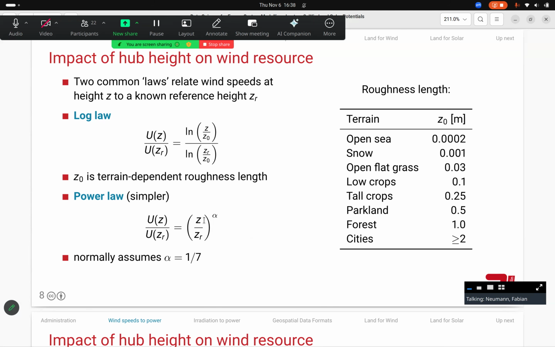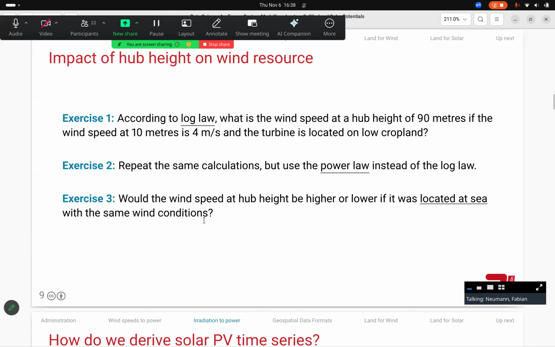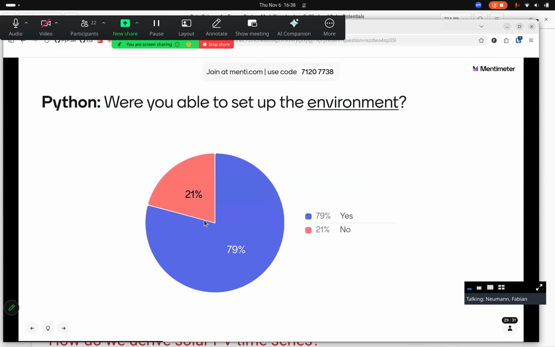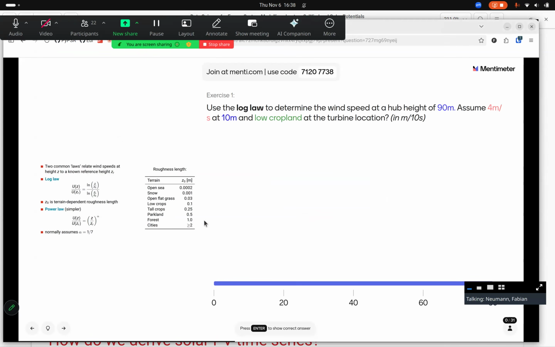Where it comes from, I can't tell you, but it works pretty decently for averaged terrain. So let's put that to use. I've prepared that in Mentimeter, and let's see how well you do it.